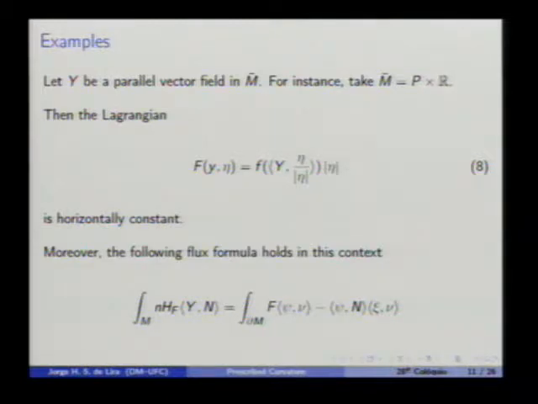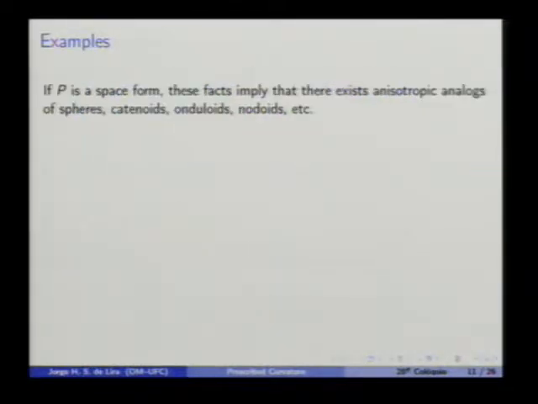And these two ingredients, the fact that the functional is horizontally constant and that there is a conservation law for the hypersurfaces, permit us to integrate the examples and to produce spheres, catenoids, onduloids, nodoids. All these classical examples could be recovered by this choice of this particular functional.